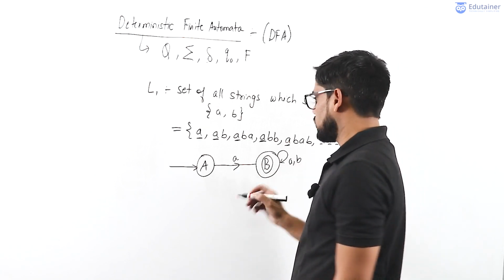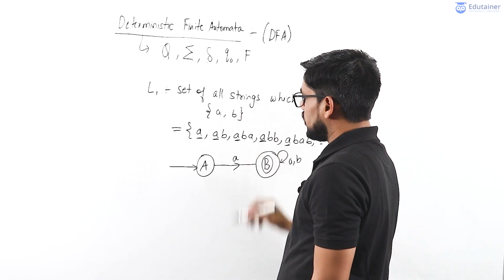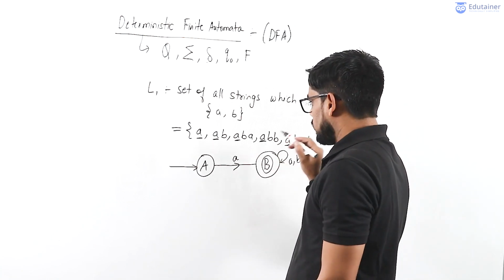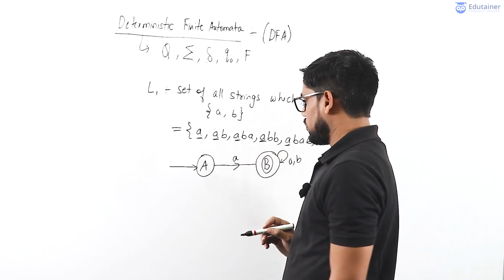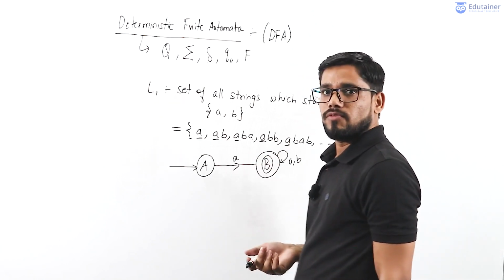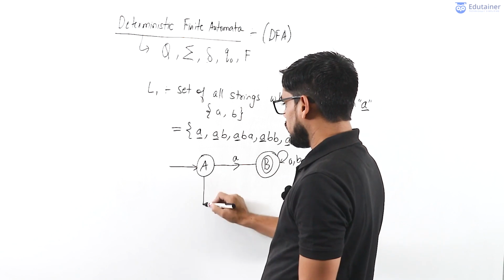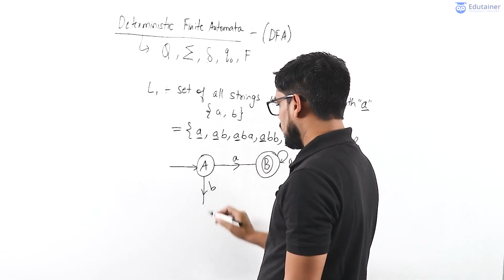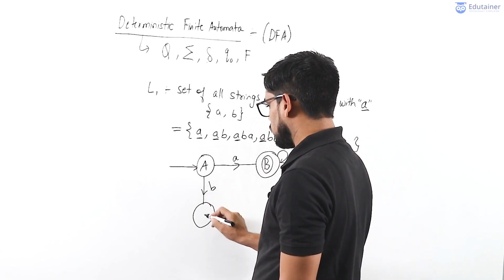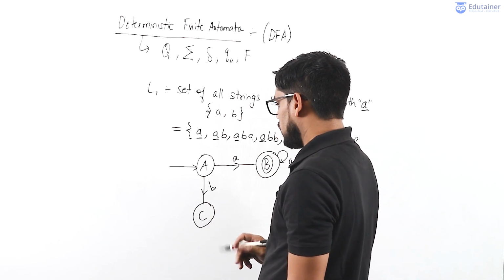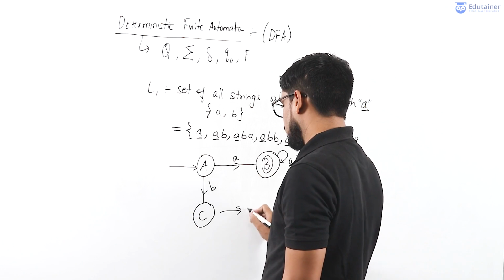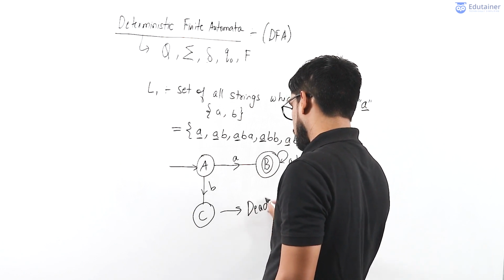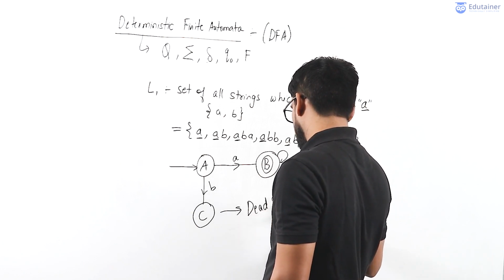No problem, because the condition here is that the input string starts with A. And what will happen if I start with B? If I start with B, then I will go to some other state. Let's call this state C. This state in deterministic finite automata is called a dead state, or trap state.